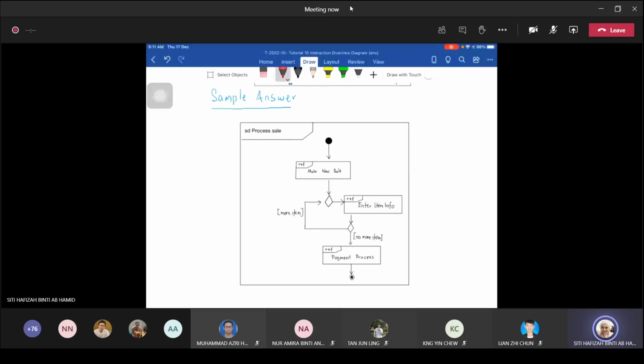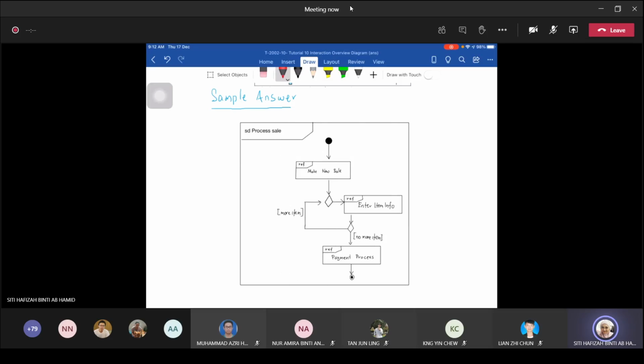This is where the loop happens. After make new sale, we go to enter item information, and if there is more items, we go back to enter item info. If there is no more item, then go to the next process. The next processes I combine and just name as payment process.